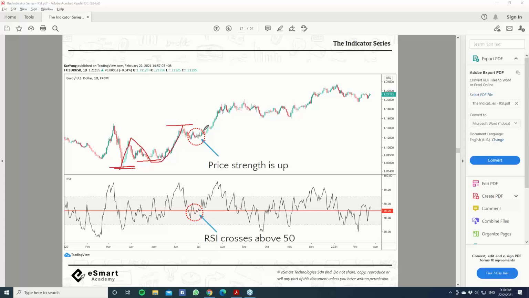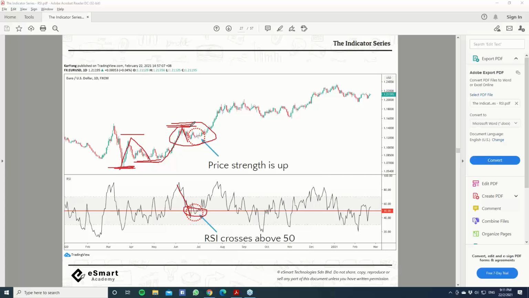At this point of time, while it's consolidating, going into correction, what do you see? RSI starts to come back down, and it starts to form a consolidation too, and after that, you realize that the price chart here has a higher high, higher low.